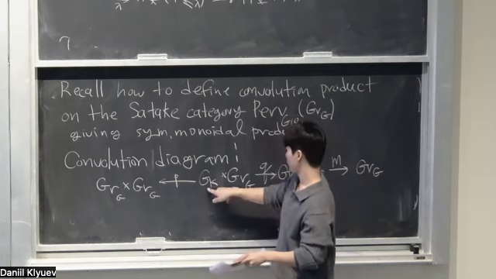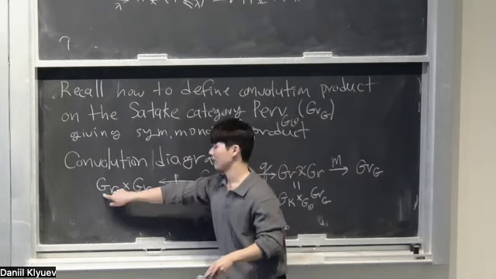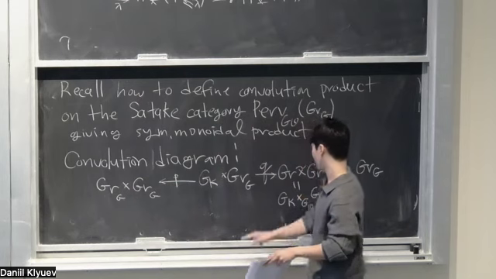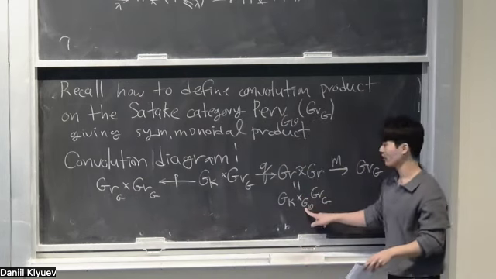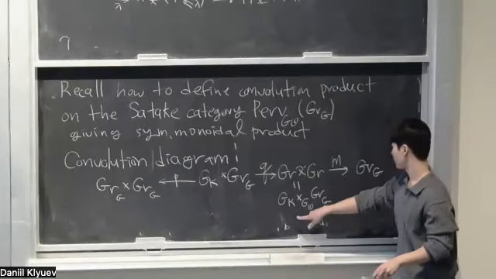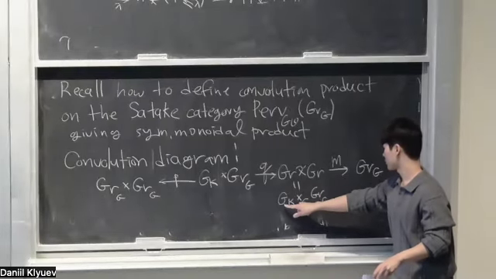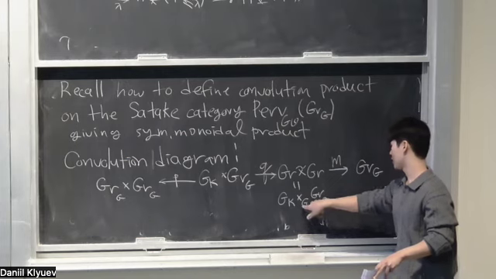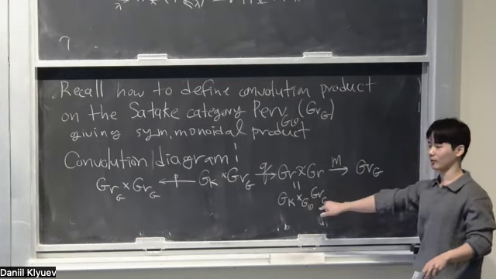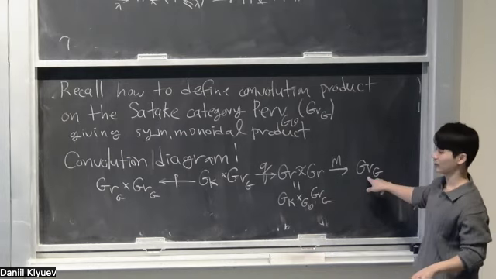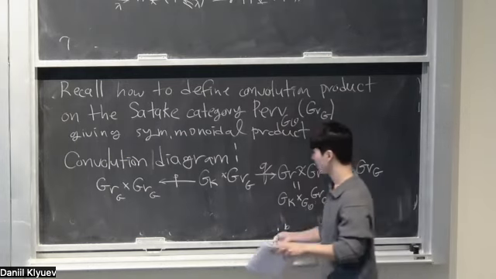Well, GK I can quotient and go to the affine Grassmannian. There's a natural quotient here, and then if you have something here, it is like GK times over GO of GK mod GO, and then you can take a product. It gives you something in the affine Grassmannian.